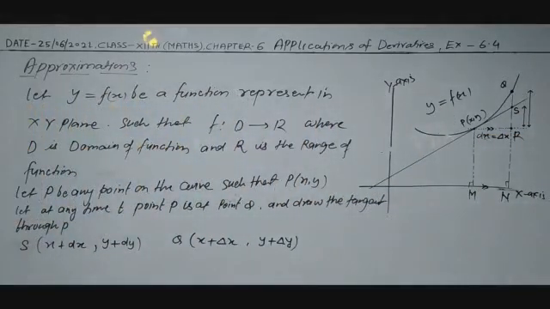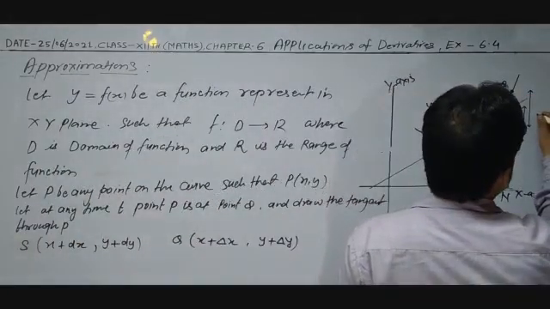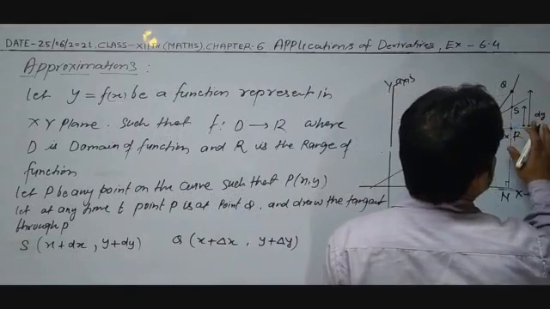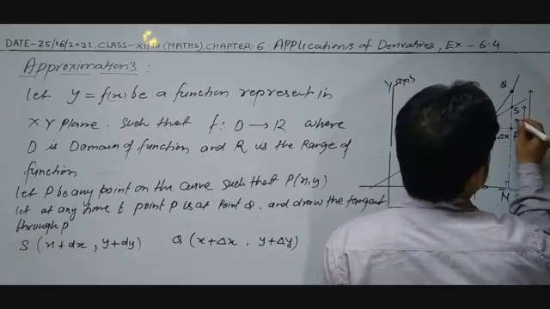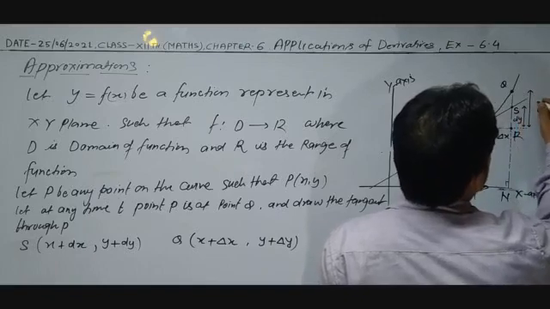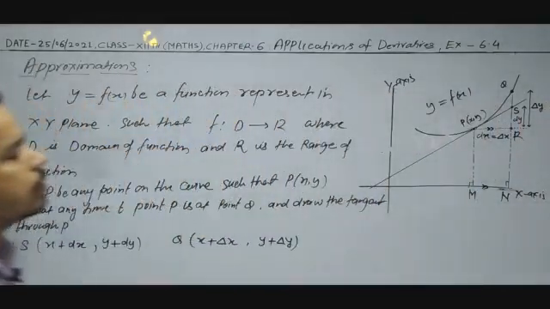Similarly, SR distance you can write dy, and QR distance is del y.